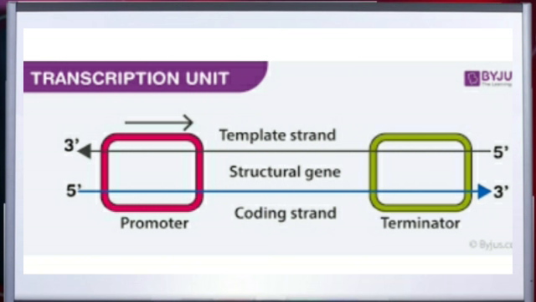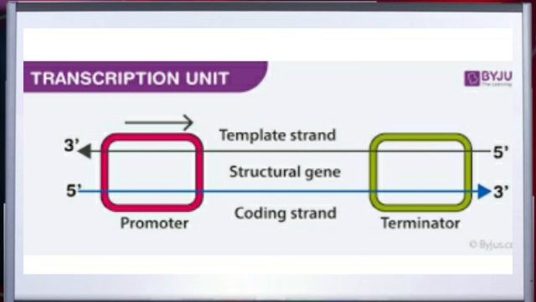This slide shows the transcription unit. A transcription unit in DNA is defined primarily by three regions in the DNA: a promoter, the structural gene, and a terminator. There is a convention in defining the two strands of DNA in the structural gene of a transcription unit.